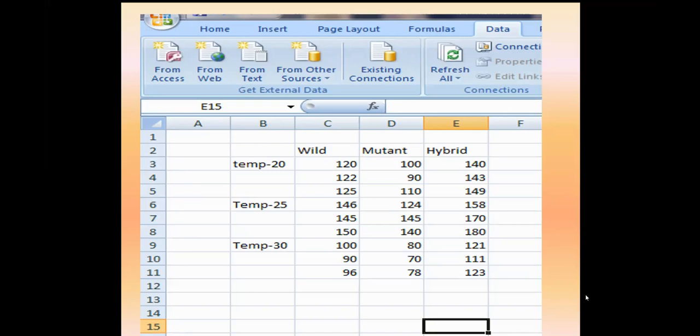So we recorded the number of eggs laid by wild type females, recorded thrice. At one point they laid 120 eggs, then 122, then 125 eggs, but that happened at a temperature of 20 degrees Celsius.